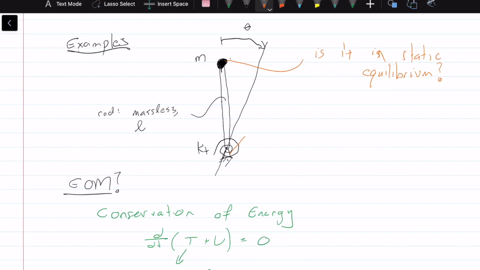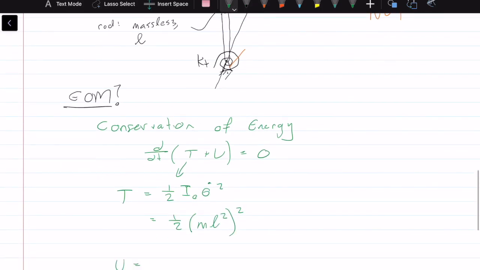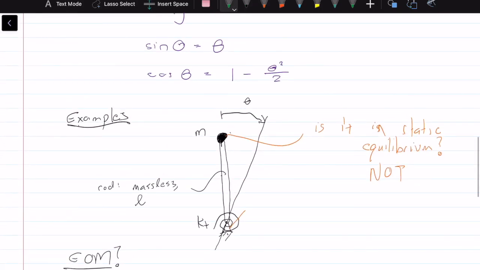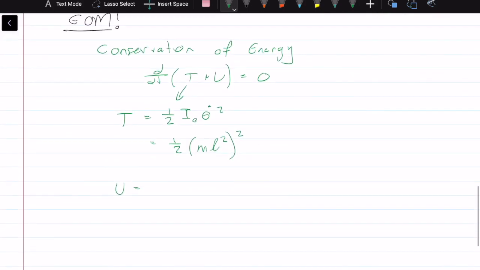Spring's cut. Does the mass move? All of the weight is acting downwards. Yes, the mass moves. Therefore, the mass is not in static equilibrium, so we must take it into account in our potential energy. If it was in static equilibrium, we would not take it into account in the potential energy section of our conservation of energy method.